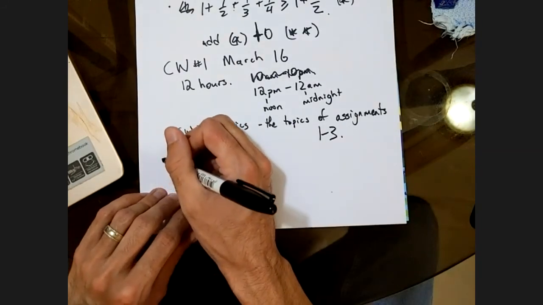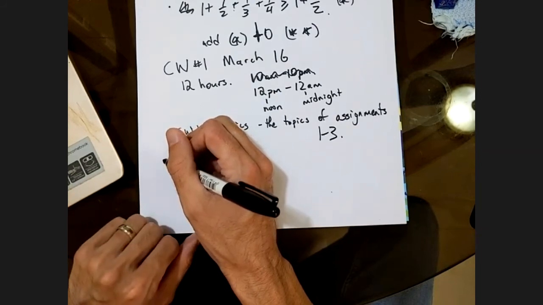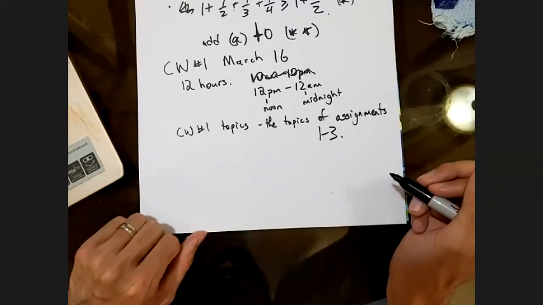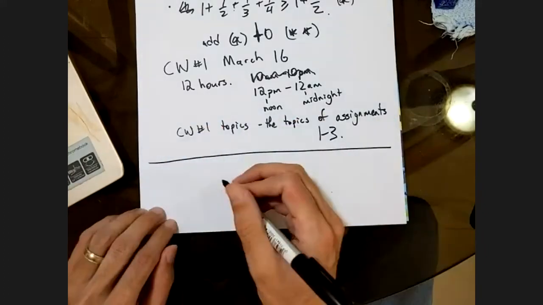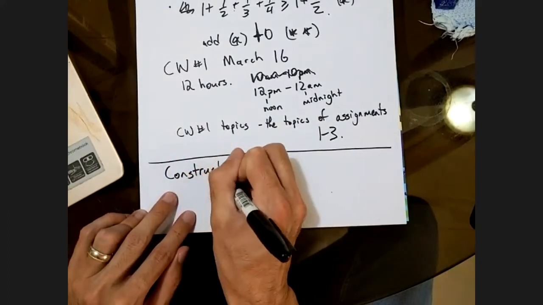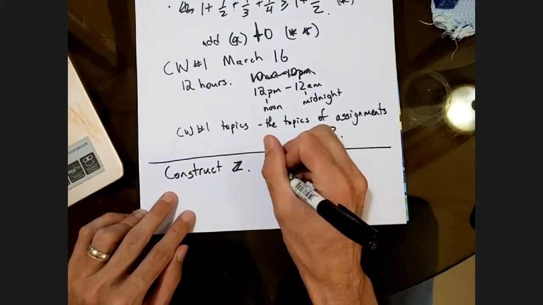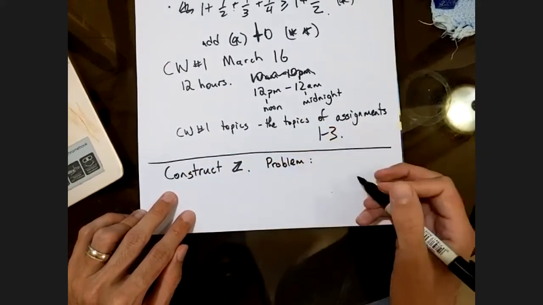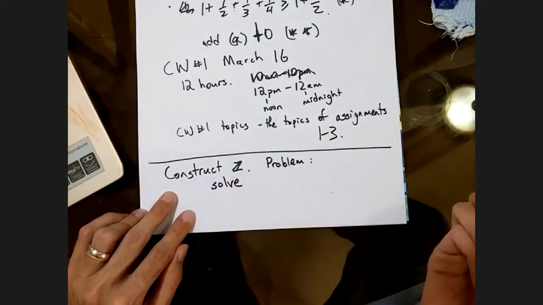So constructing the integers from the natural numbers is kind of an algebraic thing. Okay. So we want to construct Z, and the problem that the integers solve is that we want to solve equations basically.